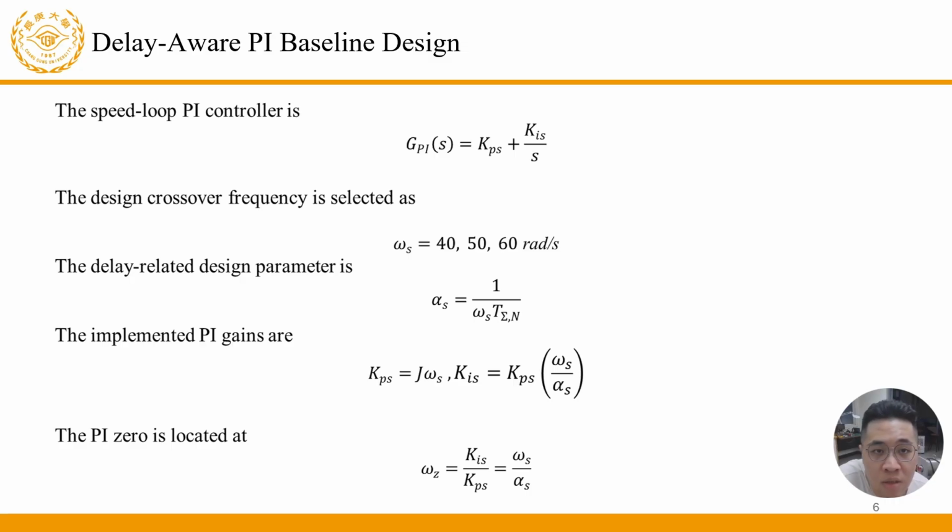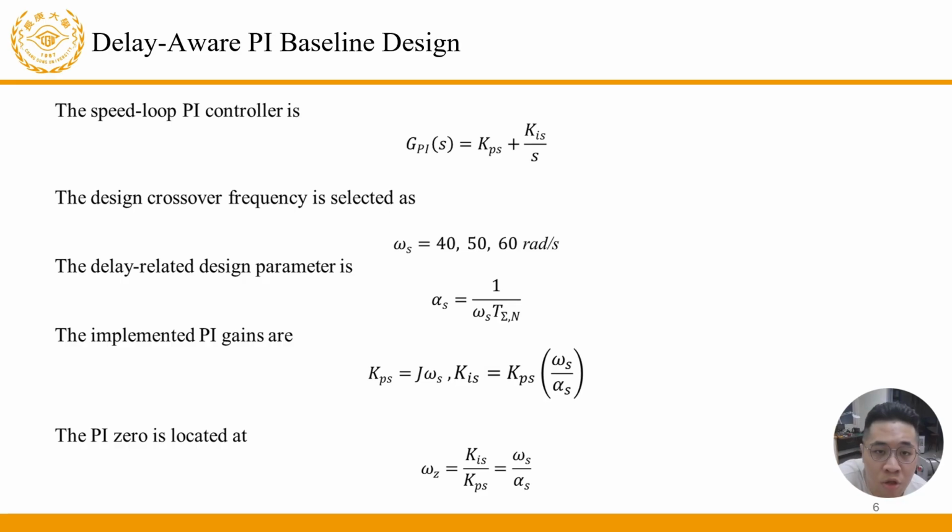We choose three design speeds for comparison: 40, 50, and 60 radians per second. The controller gains are not chosen randomly. They are calculated based on the desired response speed and the system delay.